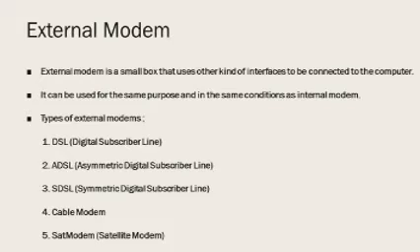Then we have the second category, which is the external modem. Basically the external modem uses an external component to access the internet. An external modem can be used for the same purpose and in the same conditions as an internal computer modem. However, an external modem is a small box that uses other interfaces to be connected to the computer.